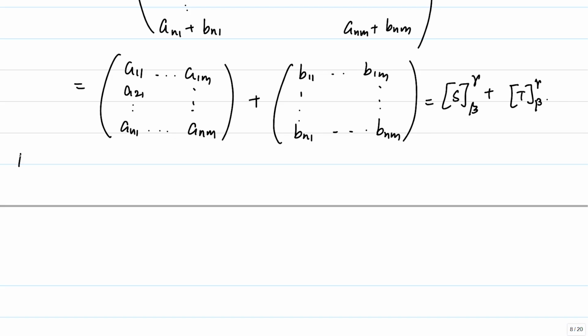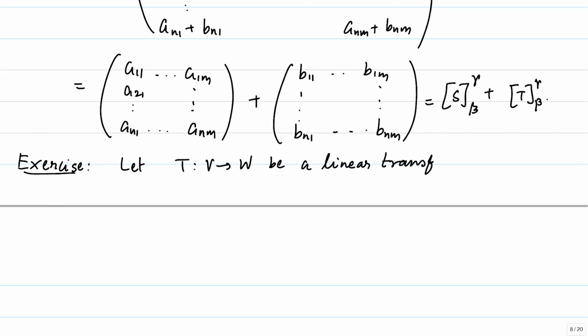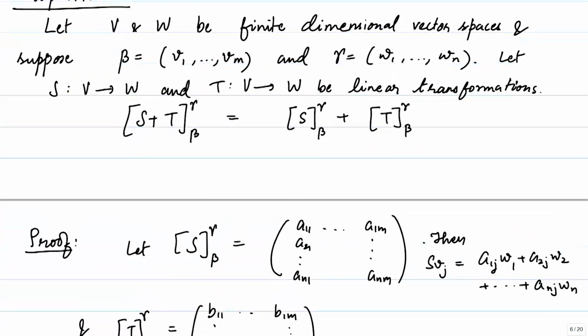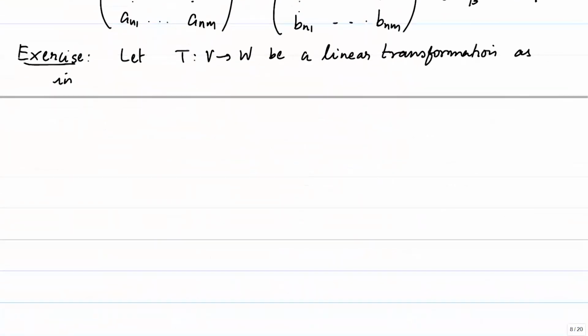I will give it as an exercise to check that something similar can be concluded about scalar multiplication as well. So let T from V to W be a linear transformation as in the proposition above.